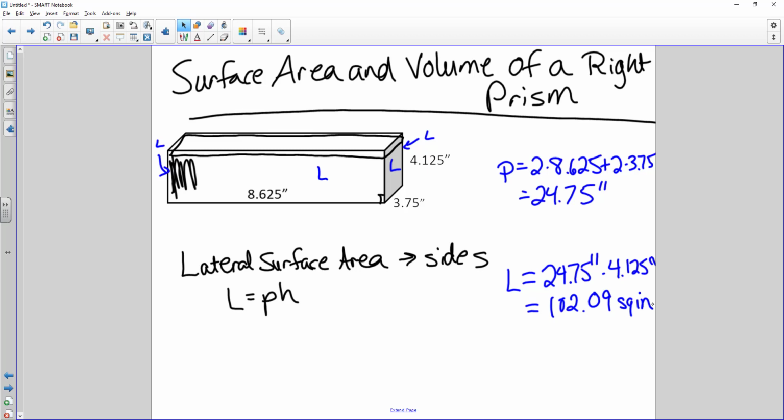So just to cover the sides, 102.09 square inches.